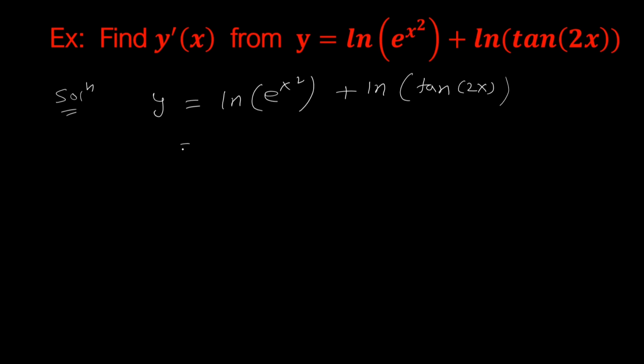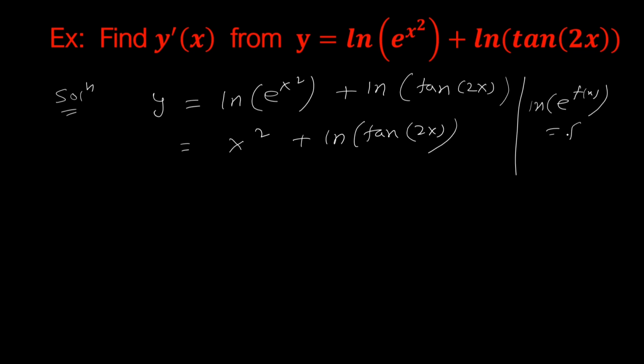We can apply the chain rule on the ln, but before that there is some simplification, and this simplifies to x square plus ln tan 2x. This is done by the identity ln e to the power f of x is equal to f of x.